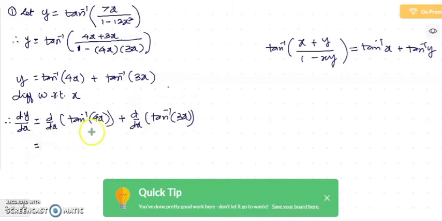What is the derivative of tan inverse of 4x? You need to know the derivative of tan inverse x, which is 1 upon 1 plus x square.